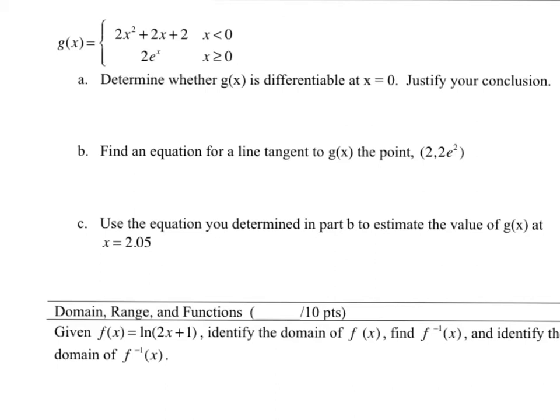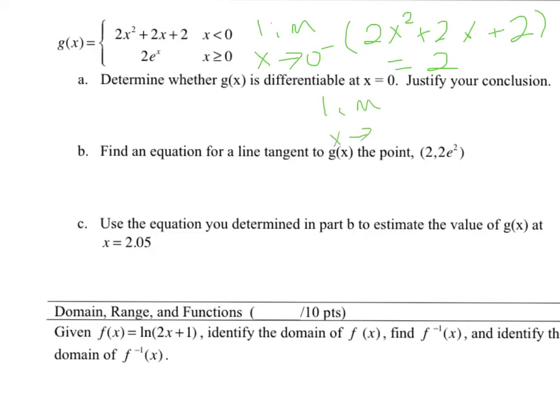Okay, for continuous I need the limit as x approaches 0 from the left, and that's of 2x squared plus 2x plus 2. That equals 2. I need the limit from the right.